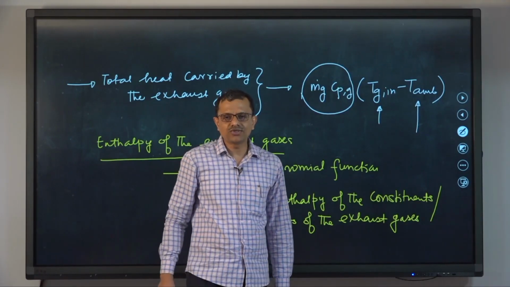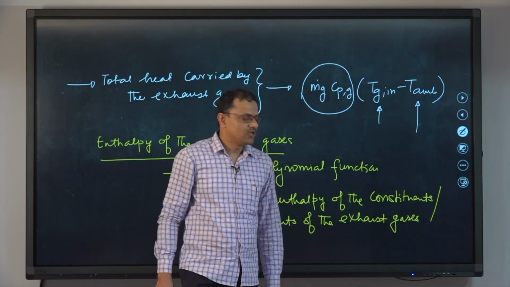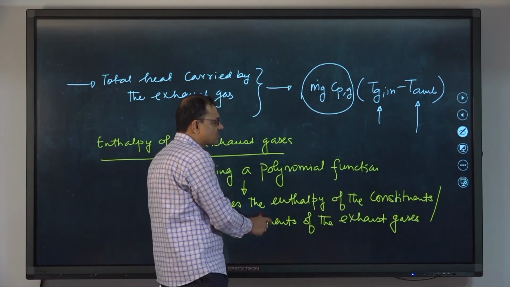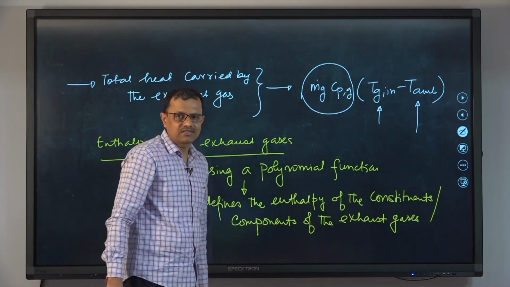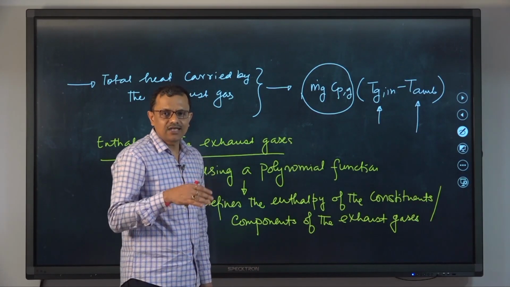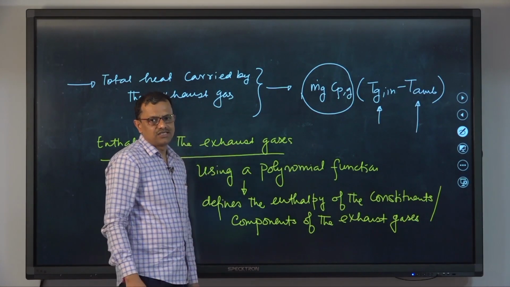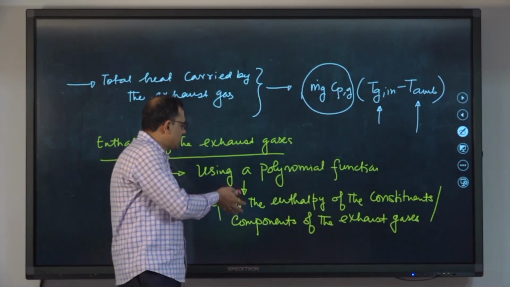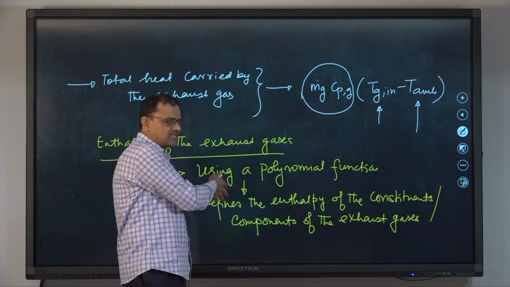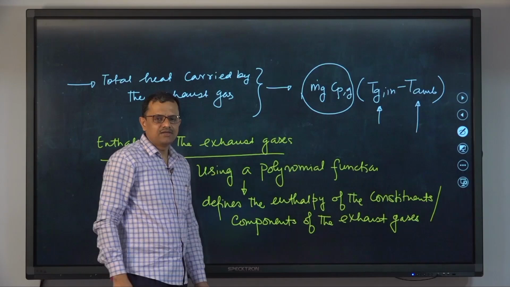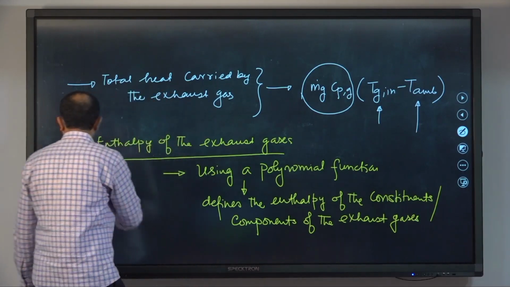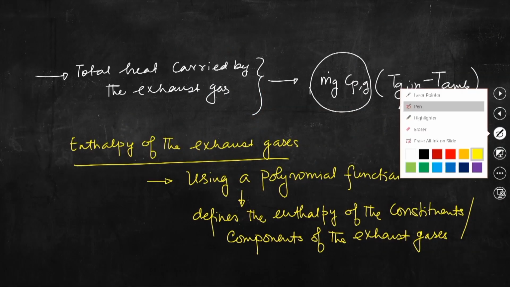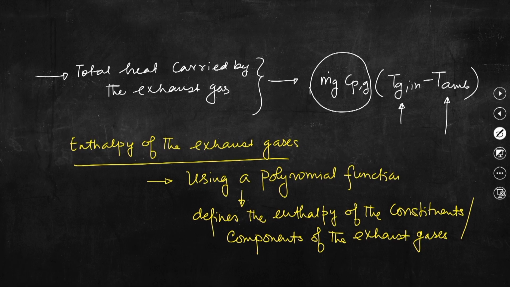But the problem associated with this particular method is we need to know about all the constituent components of the exhaust gases precisely, and that too the temperature of the exhaust gases. So, this is one method of measuring enthalpy, and so if I write here just for the sake of completeness, right.